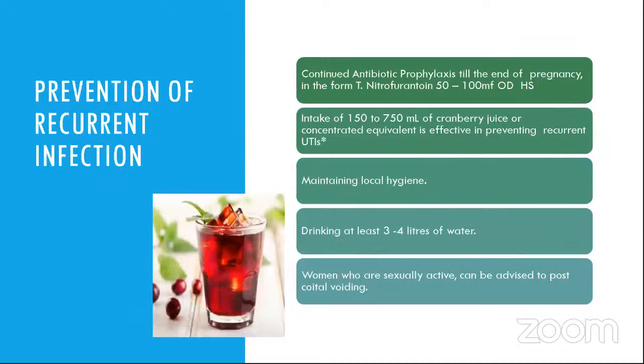How can we prevent recurrent urinary tract infections? Continued antibiotic prophylaxis till the end of pregnancy in the form of nitrofurantoin once a day can be done. Secondly, cranberry juice can be taken for a long time.